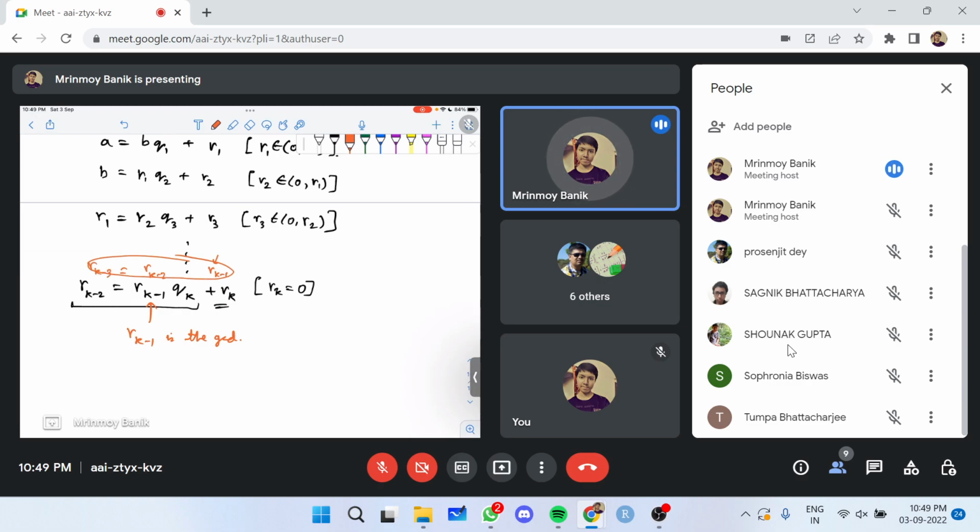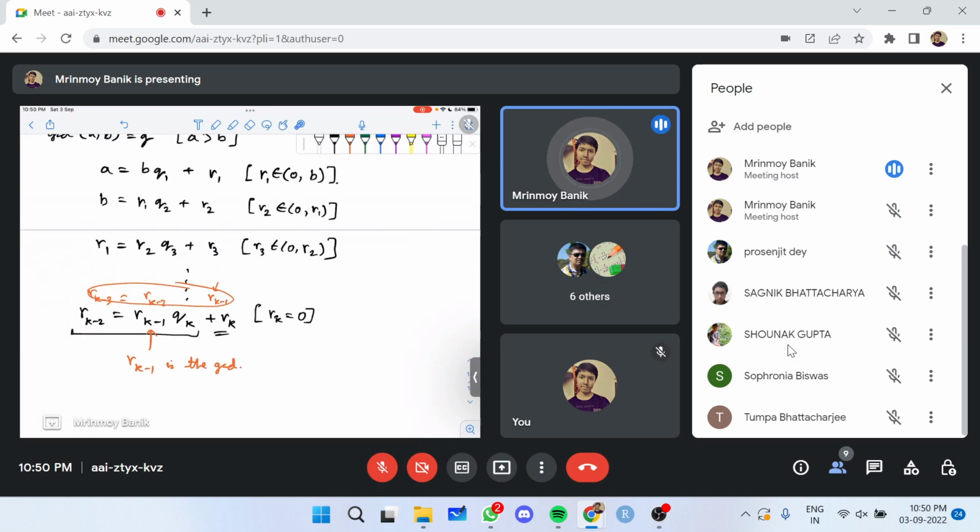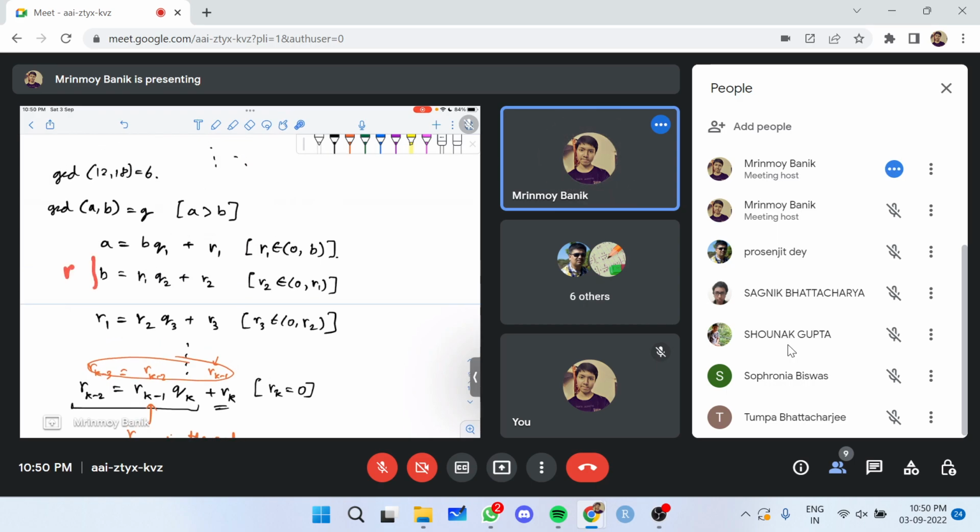So Rk minus 1 divides itself, and it also divides Rk minus 2 from the kth equation. So Rk minus 1 divides Rk minus 3, and that in turn implies Rk minus 1 divides the previous Rk minus 4, and so on up till Rk minus 1 divides B and Rk minus 1 divides A.